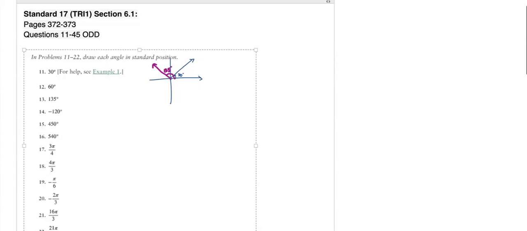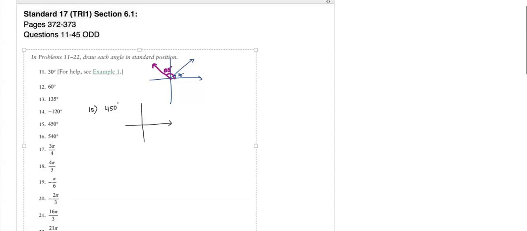Then the next one is 450. Let us see what 450 is going to look like for us. This is question number 15, 450 degrees. Now 450 degrees is still going to start on this initial side.